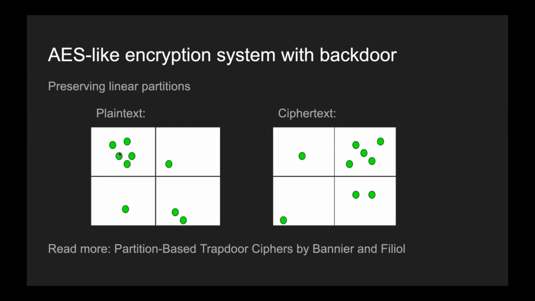I only need to check the plaintext possibilities in that one quadrant. So what this means is regardless of what key you picked, the key is how it's actually going to move around within the quadrant, you're still stuck there. This is what I meant when I said the encryption algorithm doesn't depend on the key very much. You're allowed to use whatever key you want here, but you're going to be stuck in the same area.